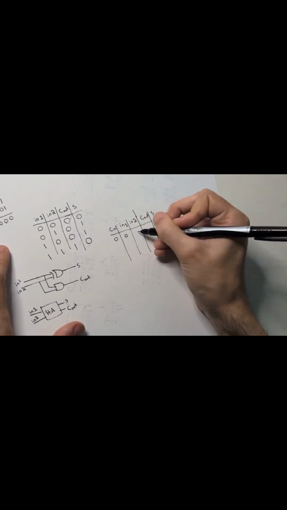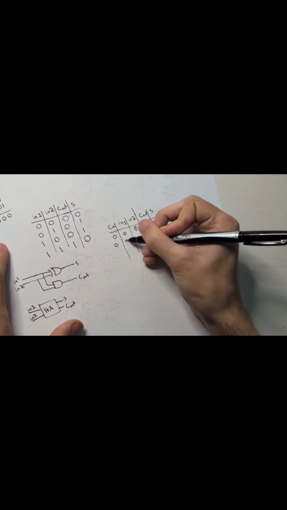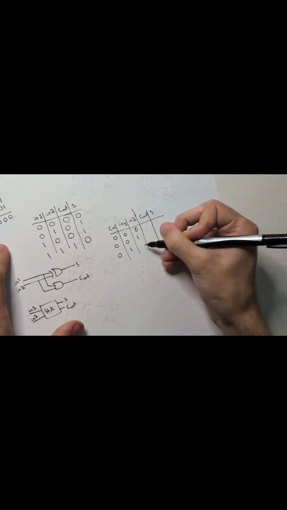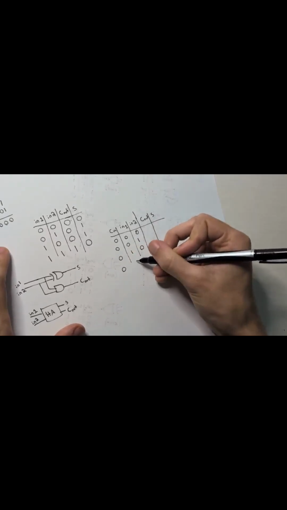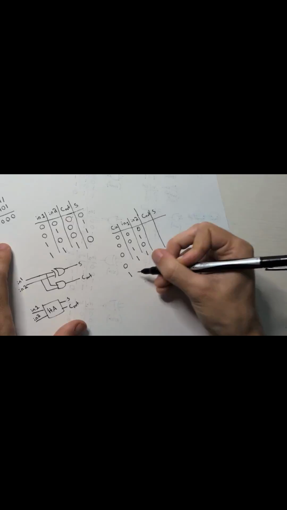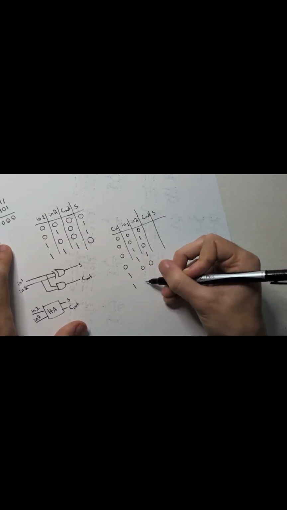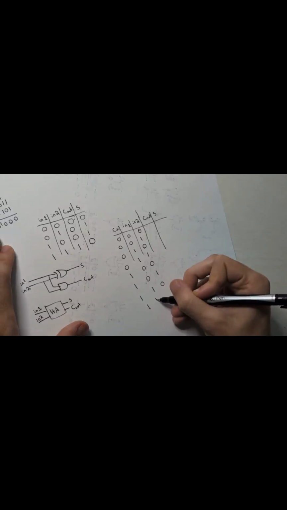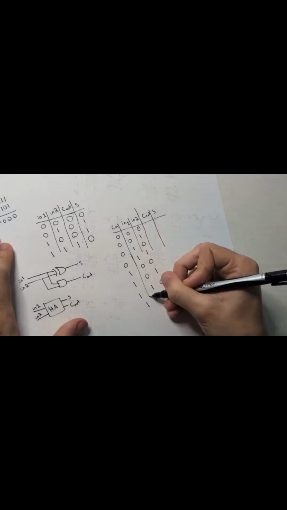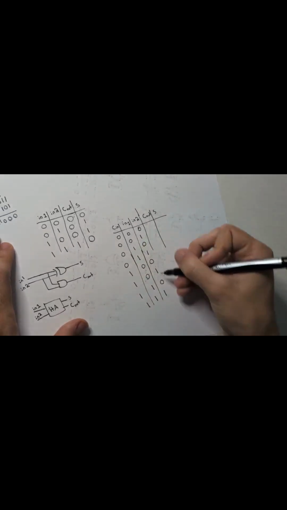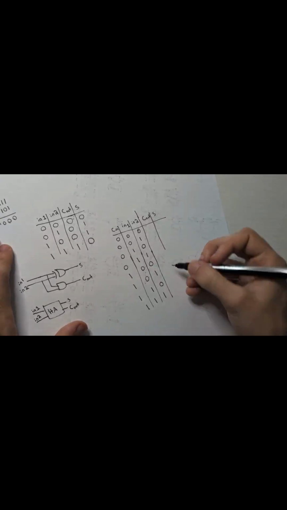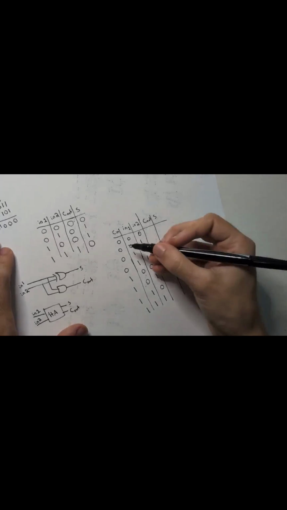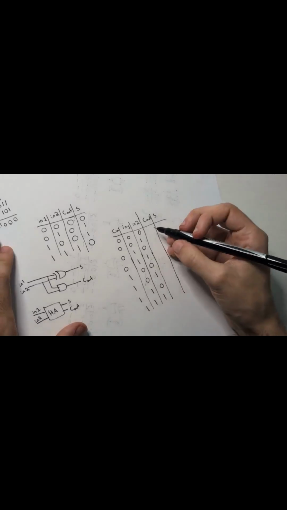And now we have 8 combinations here. And for each of these combinations, we're basically adding 3 different zeros or ones.